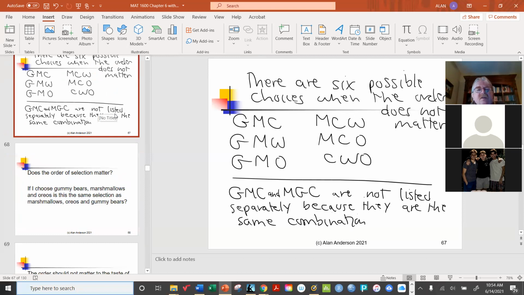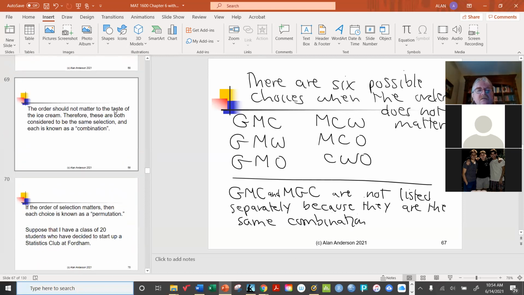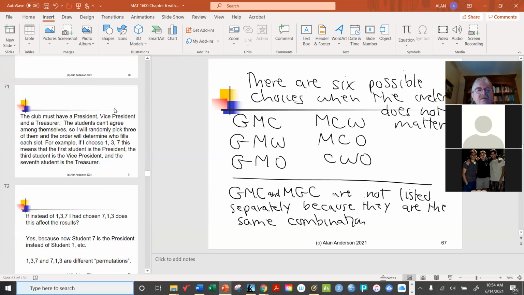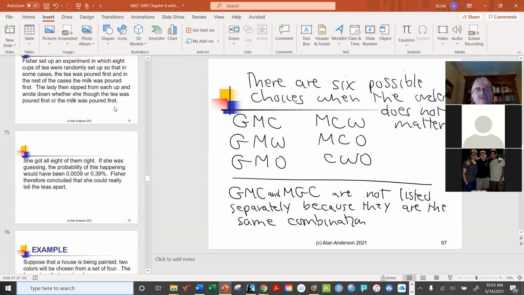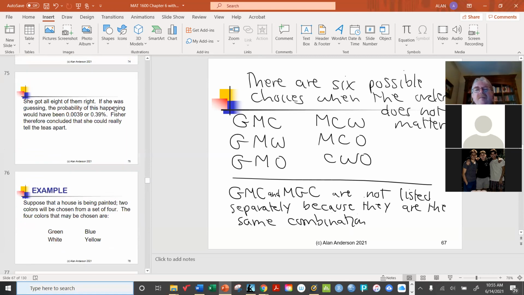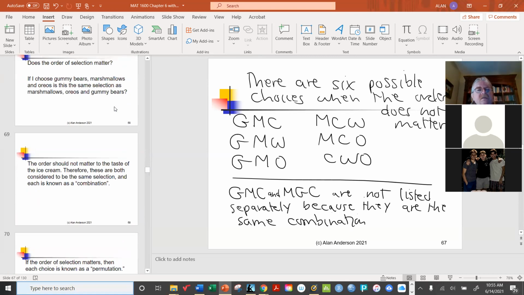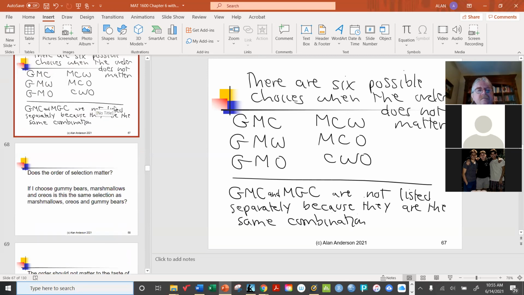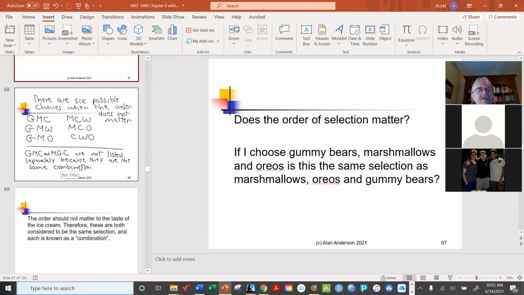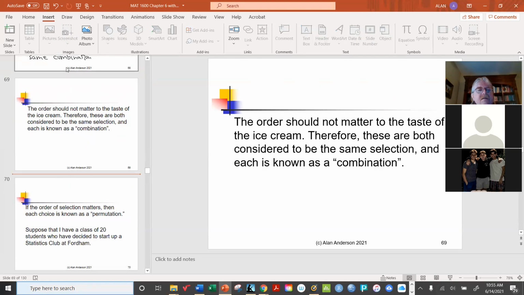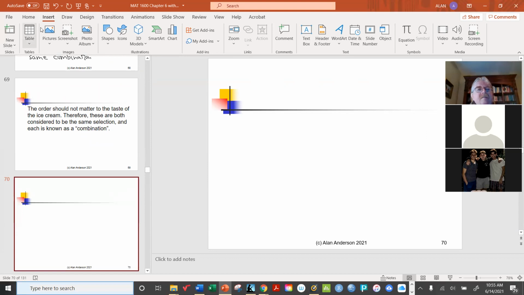Now, that was a lot of work. Should I go through all those steps, or should I use a formula? Well, remember, I mentioned earlier that the formula, I'm trying to keep these in the right order.